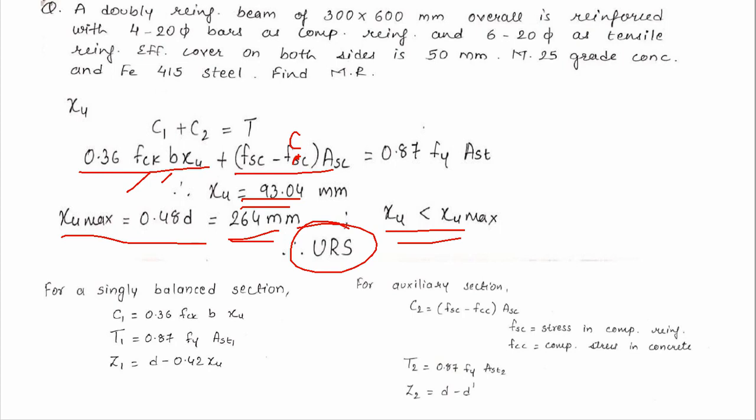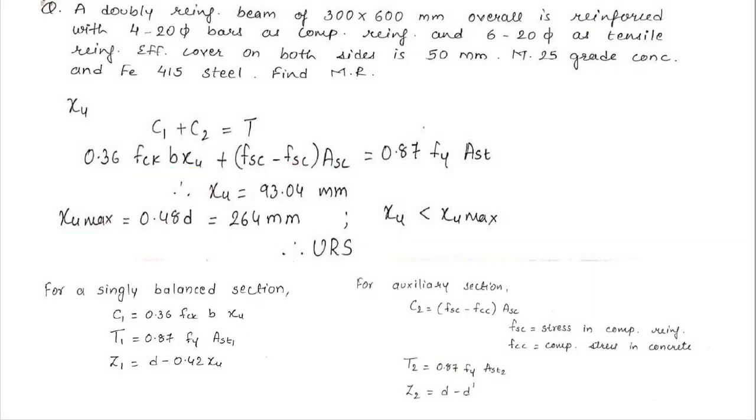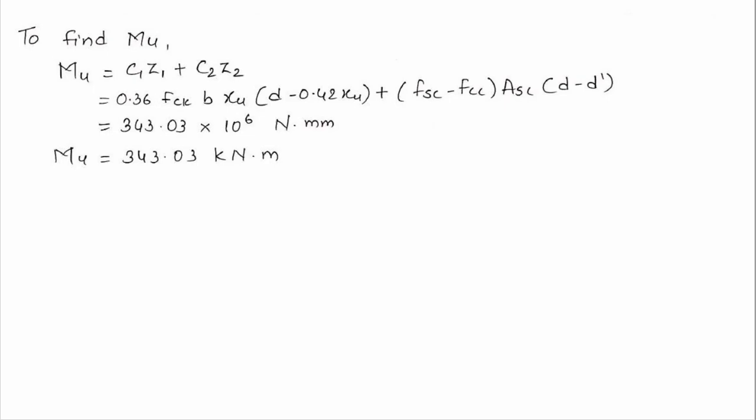our ultimate question, that is the moment of resistance MU. Now to find MU, again there is no equation given in the IS code. MU we will substitute just as we were seeing in previous semesters, that moment will be equal to force into perpendicular distance.